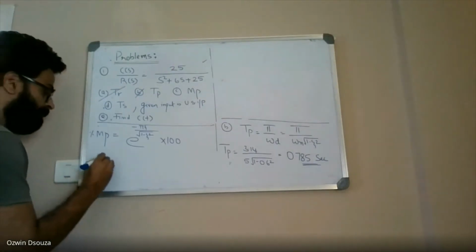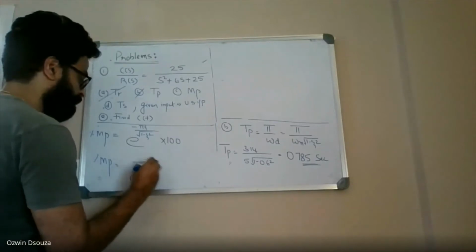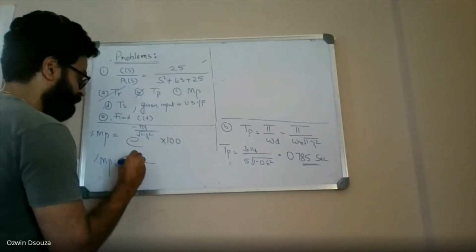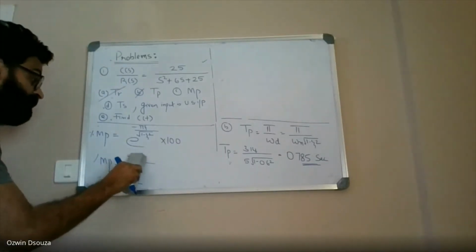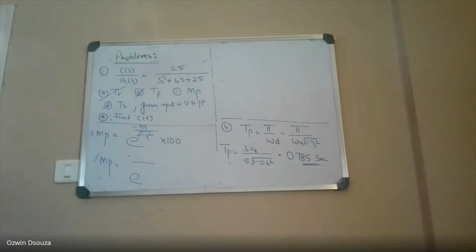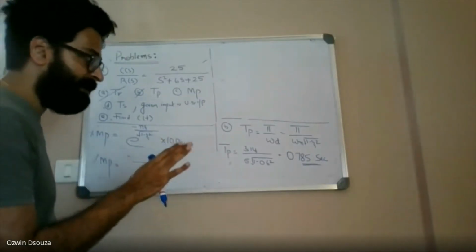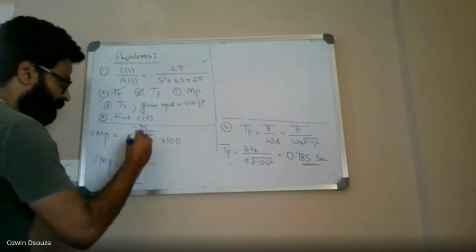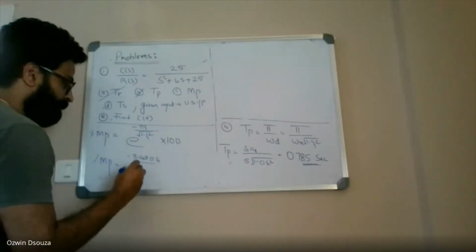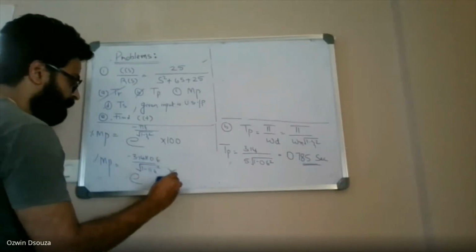So percentage MP is equal to e to the power minus, pi is 3.14, because if you are not careful, you may take it as 180 degrees. You are not supposed to, because everything is expressed in radians, right? So it is 3.14 into zeta 0.6 divided by under root 1 minus 0.6 whole square, into 100.